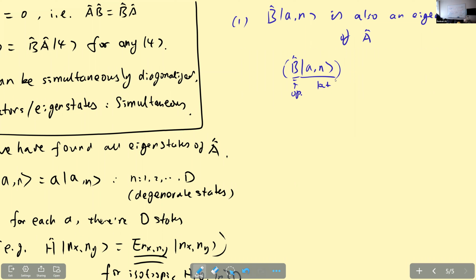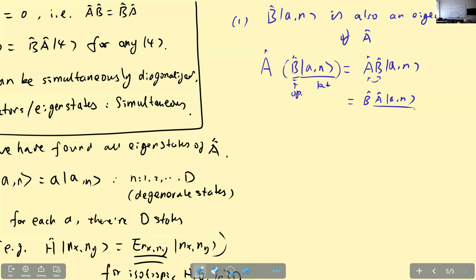The operator acting on a state, you still get a state. So you put A acting on this one. This should be A B |a,m⟩. But they commute, so that also equals B A acting on |a,m⟩.